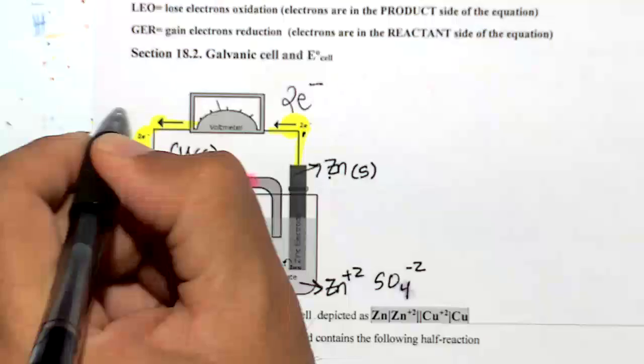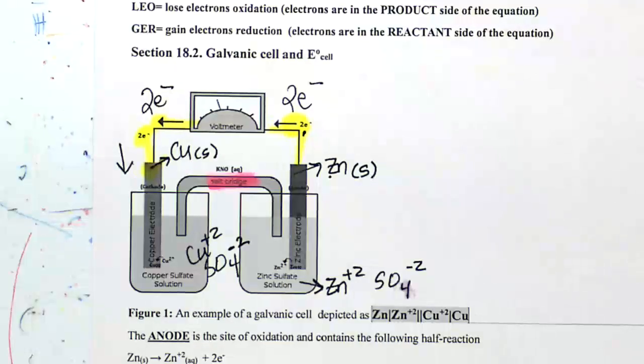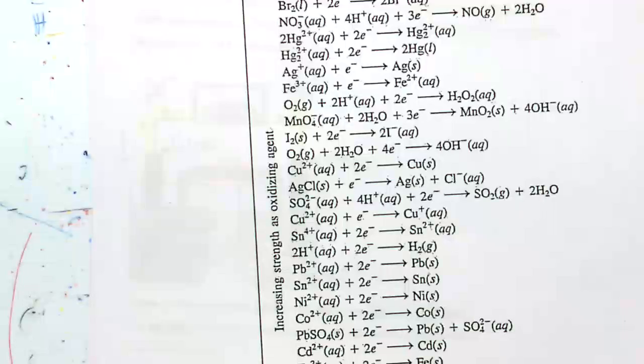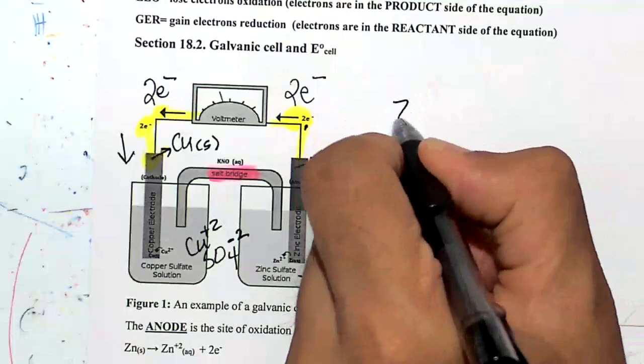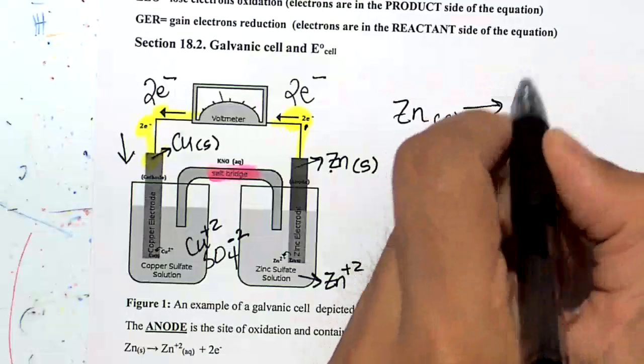It's going down this wire. So we have zinc losing 2 electrons, and this is gaining 2 electrons. What's happening in the diagram is they're losing 2 electrons. I'm going to flip this. So what we have on this side is zinc solid. I'm just copying it down but flipping it.